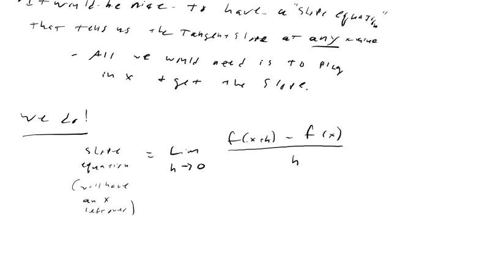It's going to make an equation, not a number like 6. It's going to be maybe 6x plus 5, or 2x squared minus 3. You do this formula, it's going to get you an equation out of it. And that equation, when you plug in the x value, tells you the slope.